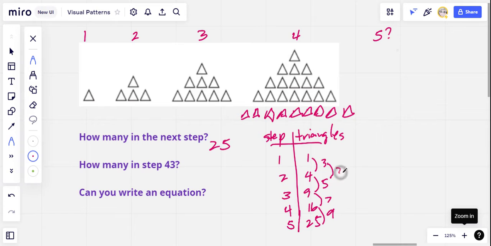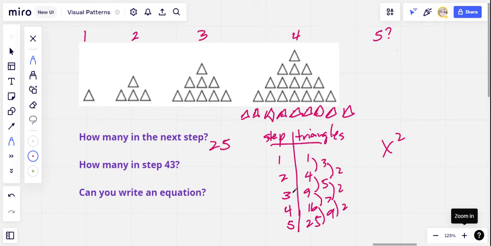So 5 minus 3 is 2, 7 minus 5 is 2, and 9 minus 7 is 2. Aha! So now we get a constant here of 2. What this means, when the difference of the differences is a constant, is you're talking about a quadratic formula. So x squared is going to be in this somewhere.